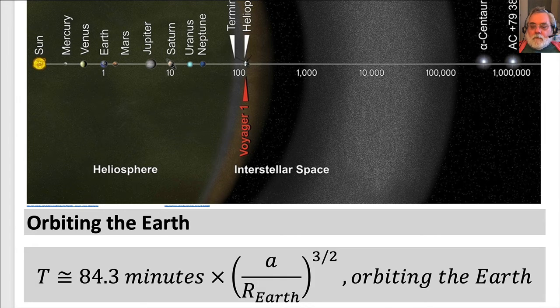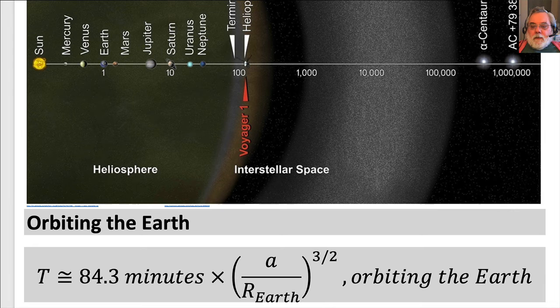For the International Space Station at altitude 420 kilometers, the orbital period is 93 minutes. Equatorial geostationary orbits with a distance to Earth's center of 6.6 Earth radii have an orbital period equal to 1 day, so the satellite remains at a fixed longitude.